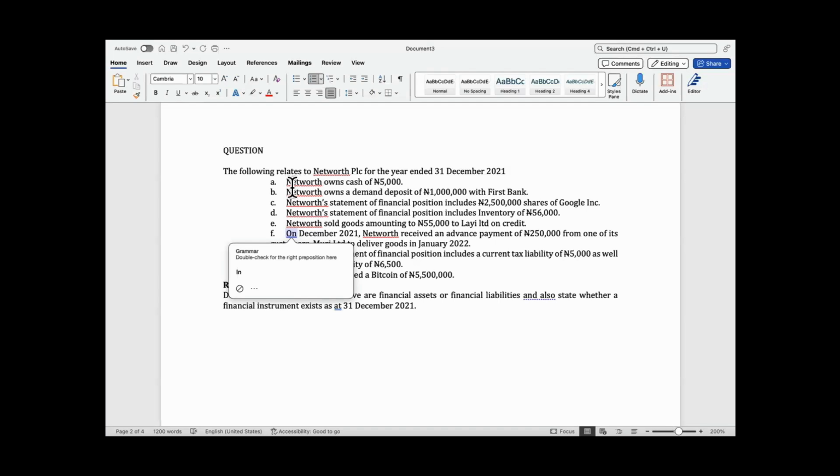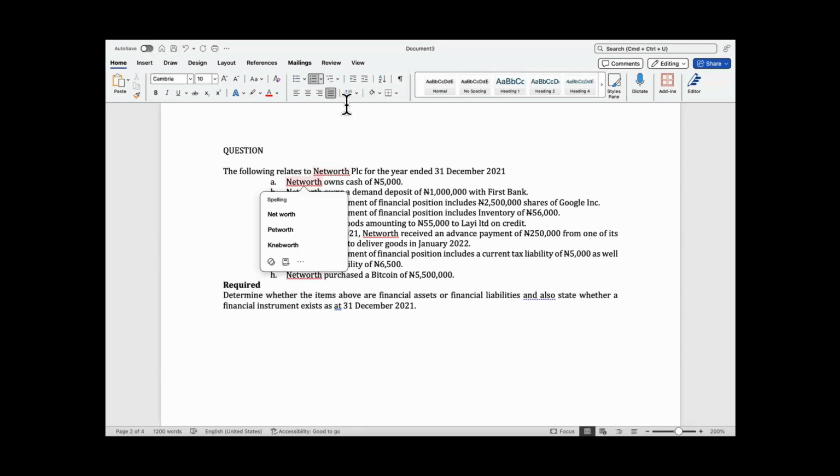Go ahead, Michael. The next one: in December 2021, Networth received an advance payment of 50,000 from one of its customers, Muri, to deliver goods in January 2022. We have a financial instrument in this, sir, because we have a contract.